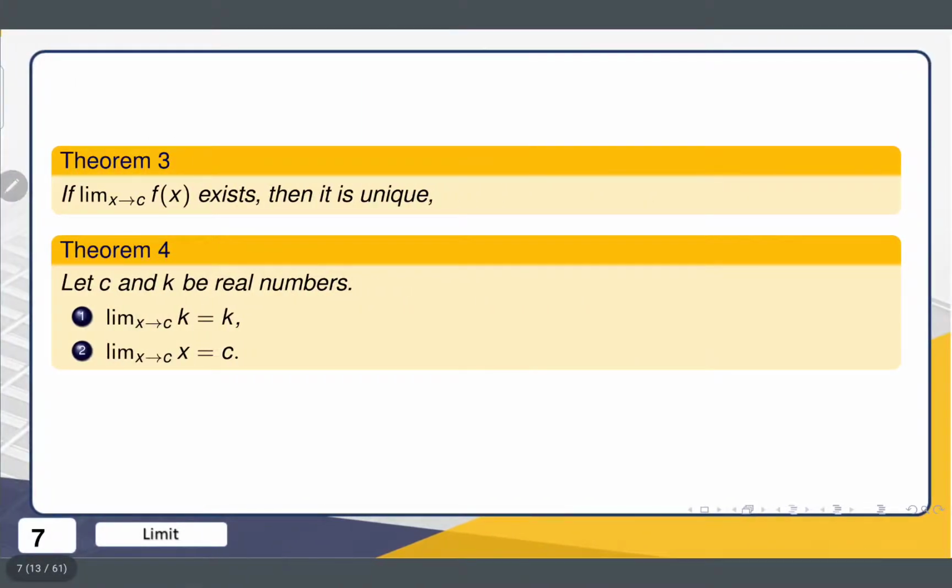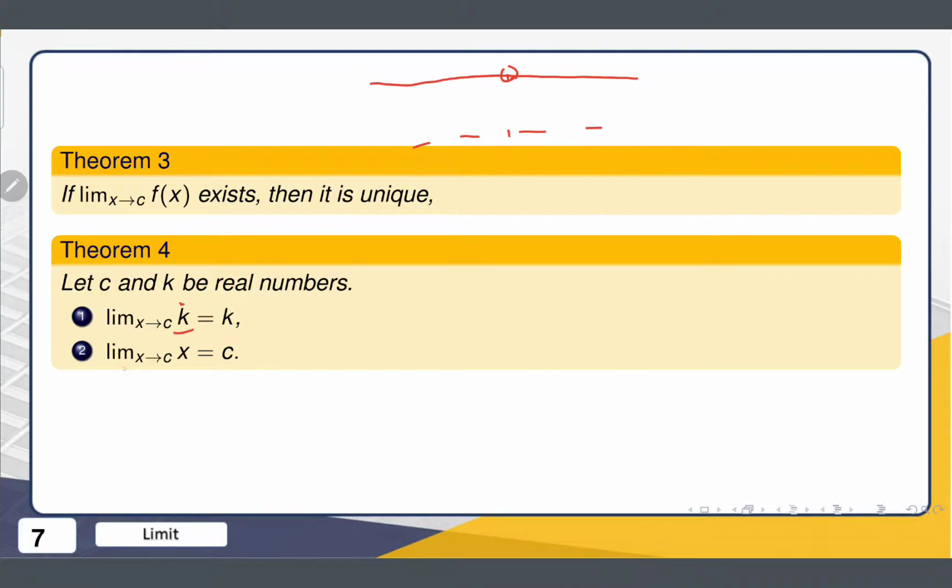And next, if c and k are real numbers, we have the limit as x approaches c of k is equal to k, because if you have a constant function, then whatever c is, when x approaches c, you still get the value k. Okay, so hopefully that's clear enough.